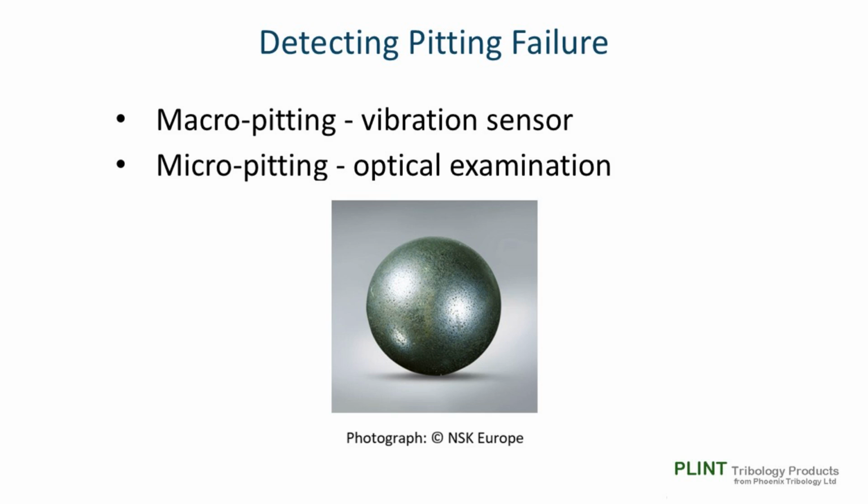Indeed, damage may be limited to nothing more than the visible dulling or greying of the surface. In this case, optical examination is the primary method of establishing if micro-pitting has occurred. However, this clearly requires the test surfaces to be accessible for observation.